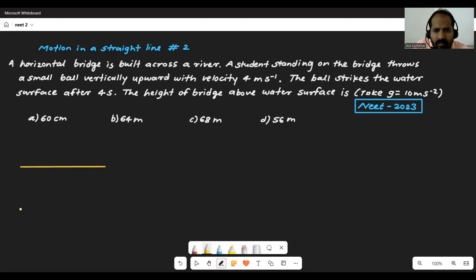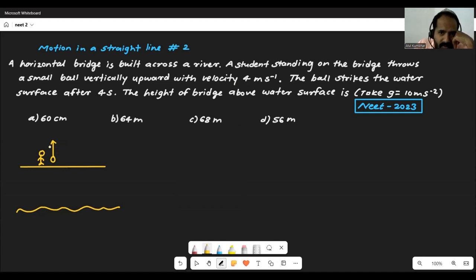Okay, so here we're having that bridge, and then here we're having that river. So the bridge is built over the river. Then one boy is there, who has thrown one ball in upward direction with some velocity, with velocity 4 meter per second.